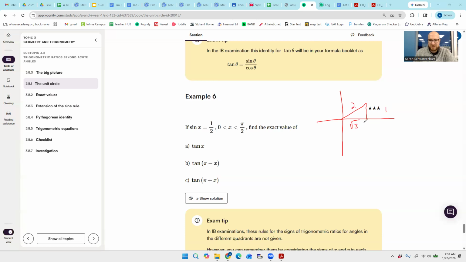That's going to be square root of 3. Okay, tangent of x, 1 over square root of 3. In this course, you don't necessarily have to rationalize, but to rationalize, you multiply by square root of 3 over square root of 3, which gives you square root of 3 over 3.